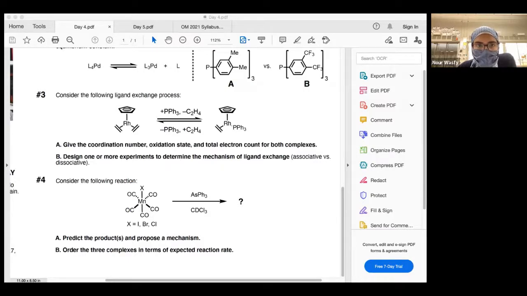So the halide should depart first, and then the arsenide should essentially bind to the manganese. Since all the ligands are the same and they're all strong pi acceptors, it wouldn't really matter where it lands, because it would all be equivalent.